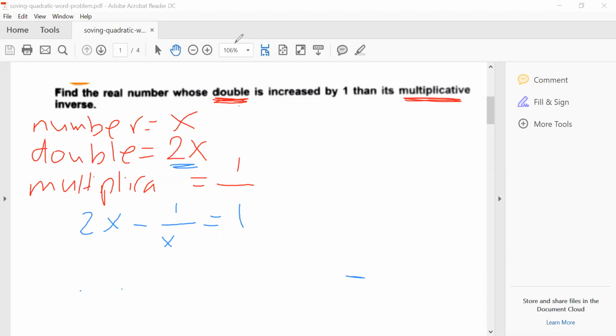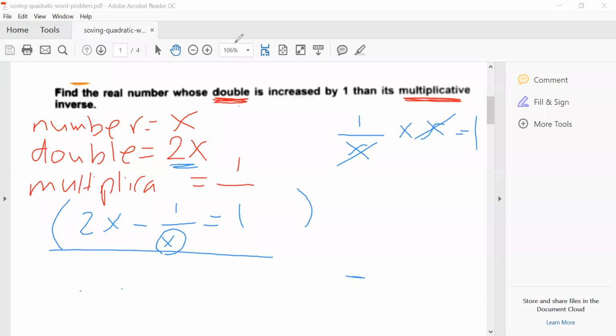What will I do with x here? This is very important in grade 9. In order to remove what is down, I multiply the whole equation by it, because 1 over x times x, x will go with x, so the result will be 1. If you want to remove anything from the denominator, you multiply the whole equation by this number. 1 over 3 times 3 equals 1.